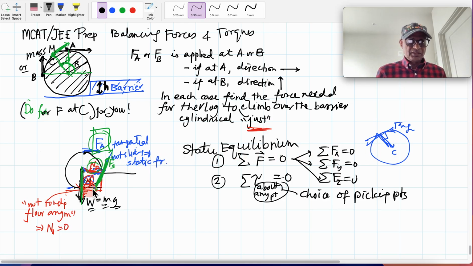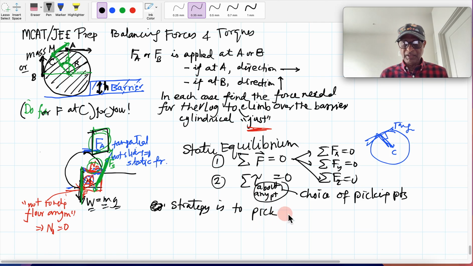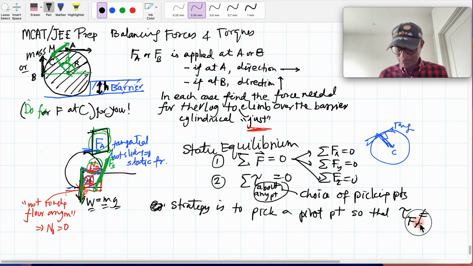Now in here, there's this force, and I need to figure this out, so the torque from it better not be 0. Our strategy is to pick a pivot point so that the torque from FA is not 0.